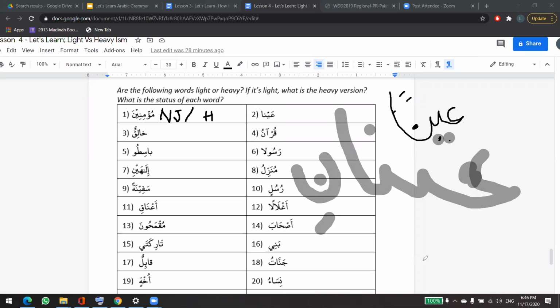I'm sorry, this pen is giving me so much resistance. So it could have been ainan or ainani.